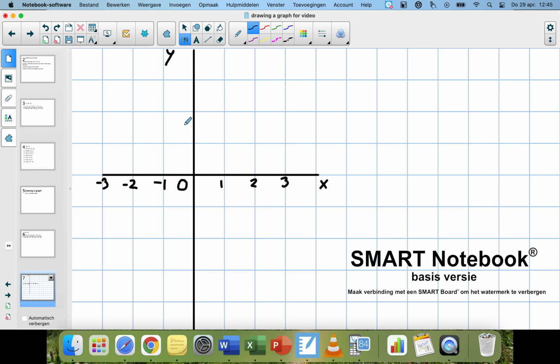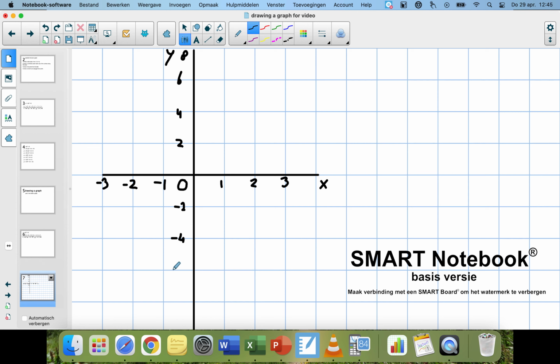On the y-axis we're going to take steps of 2, because we need to go to plus 8 and we need to go to minus 10. So 2, 4, 6, 8. And then we also need to do that going down, minus 2, minus 4, and so on.